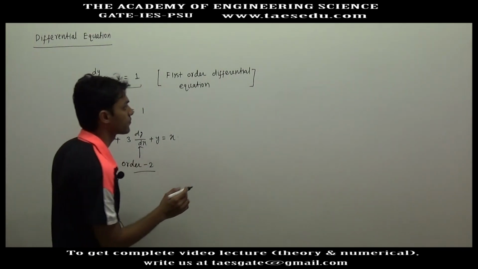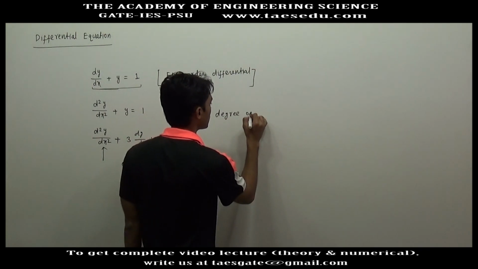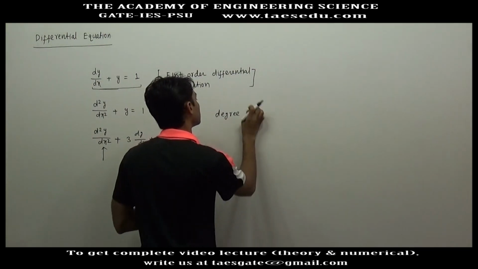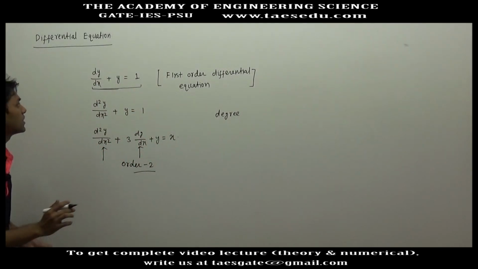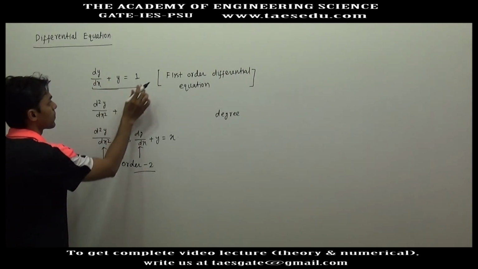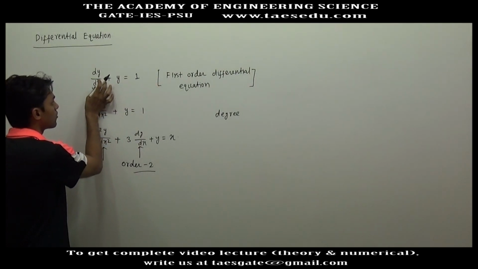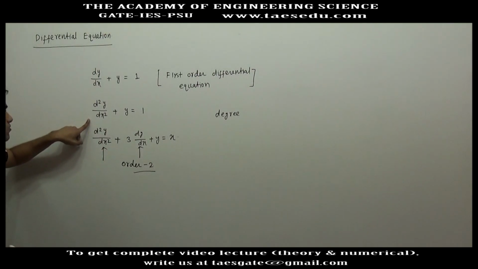Talking about the degree of a differential equation. How to find out the degree? In any equation, you will first find out the order. The order is found on the basis of the highest derivative of y.